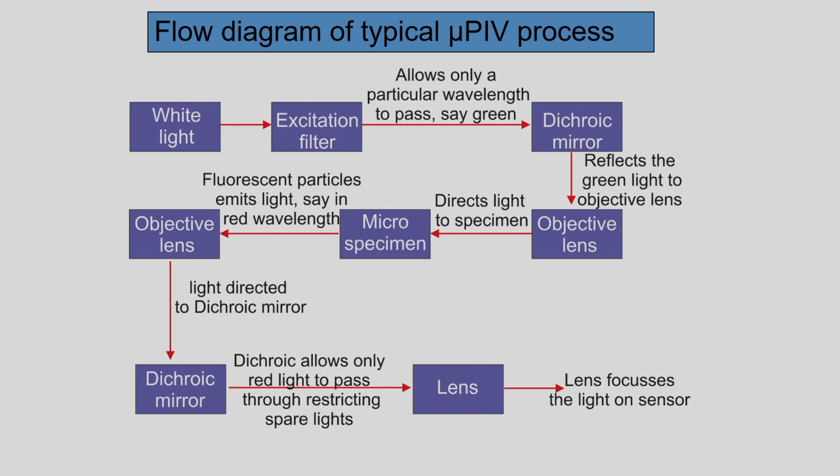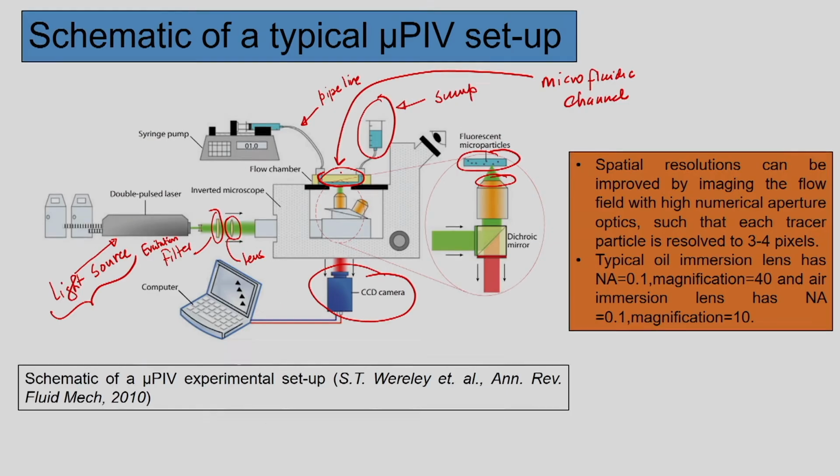Now, when the light is coming to the objective lens, the objective lens is responsible for directing the light to the specimen, to the zone of our interest, to the object. So, now we are illuminating. If I go to the previous slide, the dichroic mirror is reflecting green light to the objective lens.